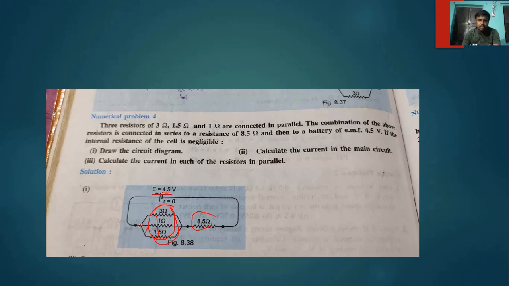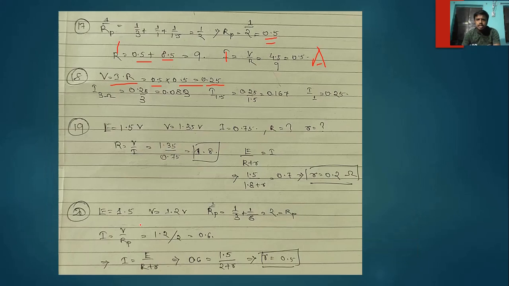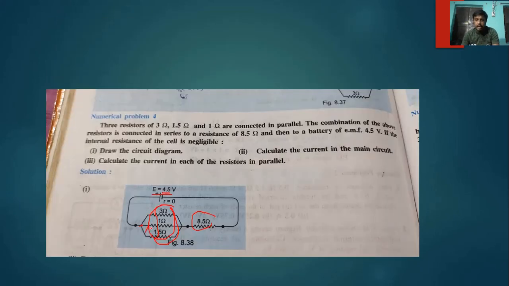The current coming to this point is 0.5 ampere, so it would divide, not equally, but into these three parts, through 3, 1.5 and 1 ohm. So here is 0.5, here is 0.5. So we have to calculate the current in this circuit.